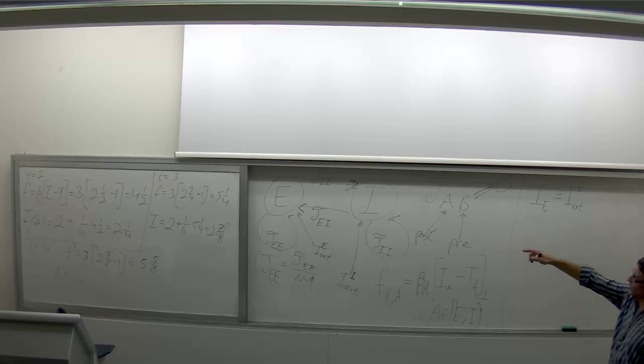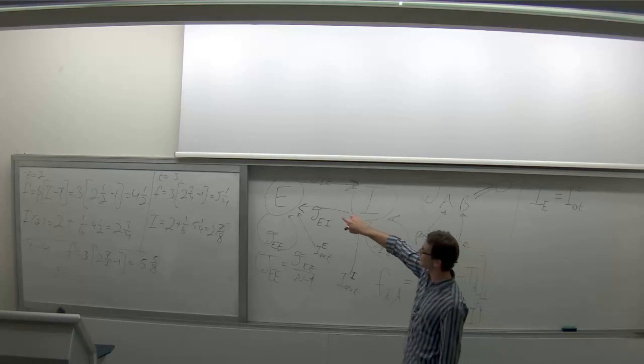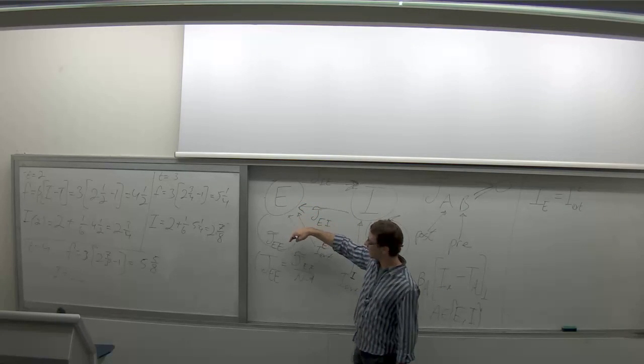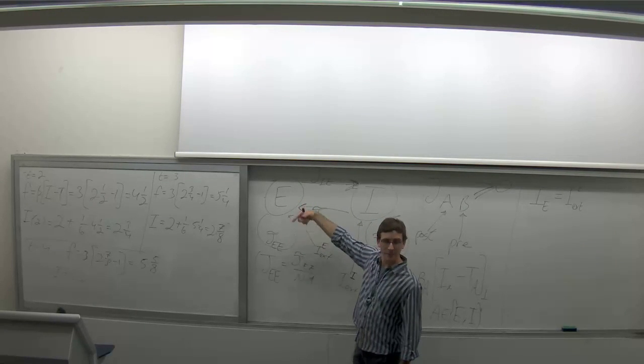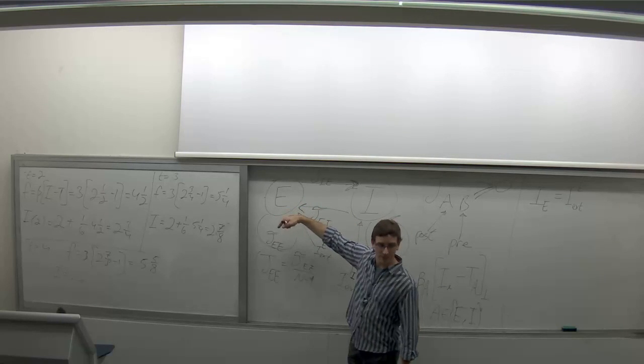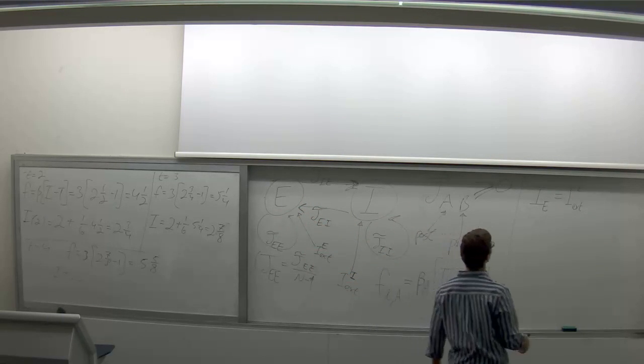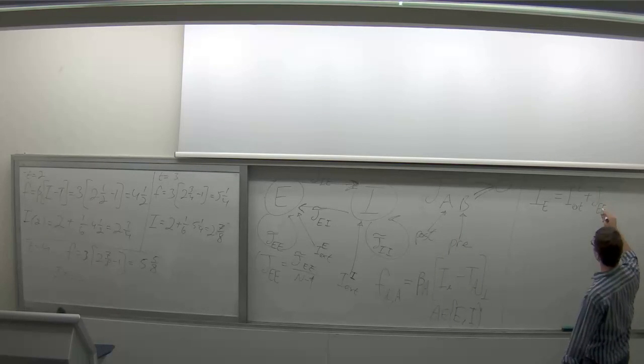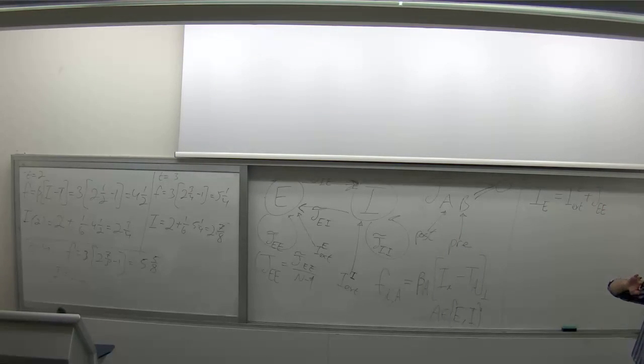What does an excitatory neuron get from his excitatory friends? He gets J_EE times F_E. You may have two different F's, F for the excitatory and F for the inhibitory, but it's going to be the same F for all excitatory neurons.